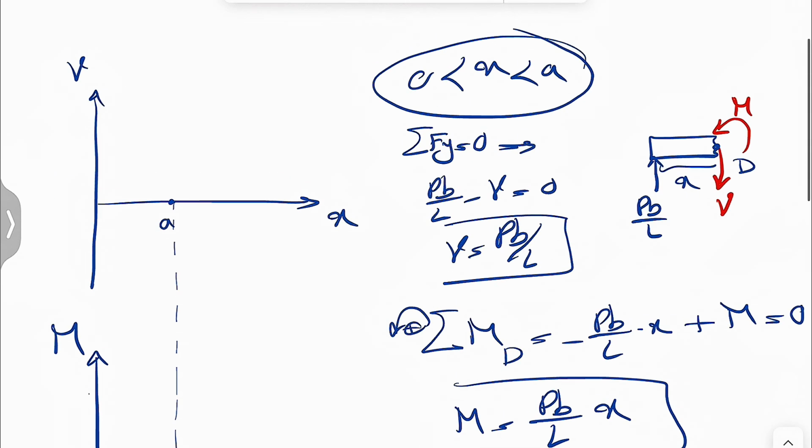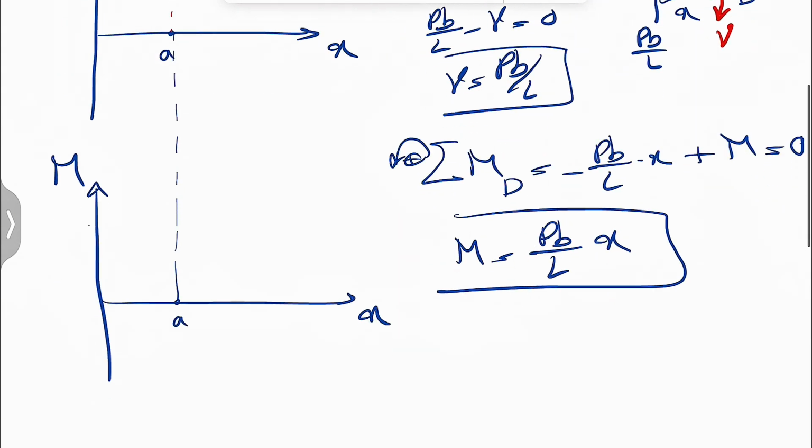As I talked about, we can see that we have a constant value for the shear force. The value would be Pb over L. So a constant value is going to be a straight line.